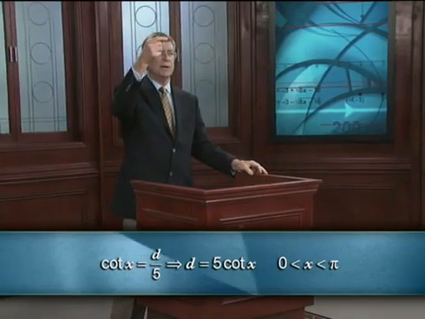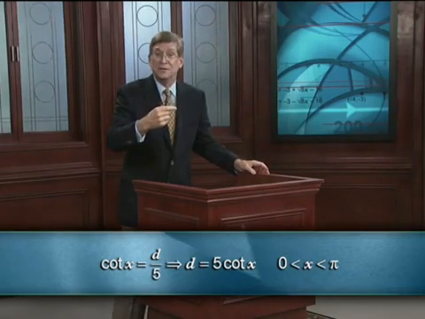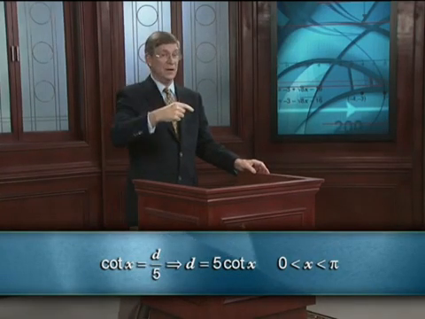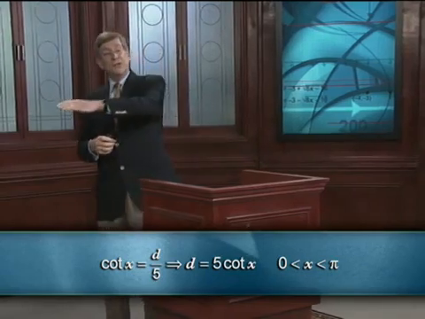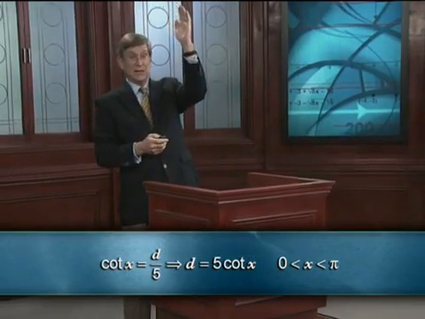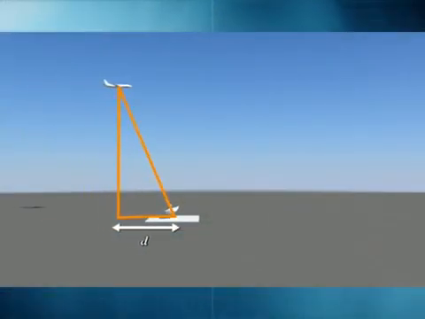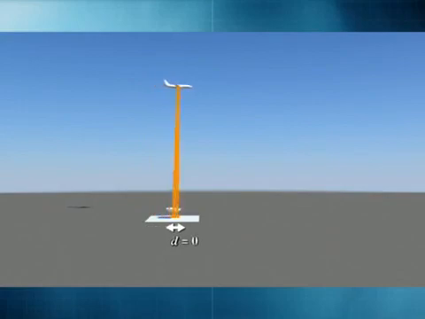That's cosine pi over 2 divided by sine pi over 2. It's 0, isn't it? Cosine is 0, sine of pi over 2 is 1. So the distance d is 0 when the plane's overhead, and that makes sense. Look at the picture. The plane is moving towards the radar station, ultimately the distance d is 0, and then it grows in the other direction.